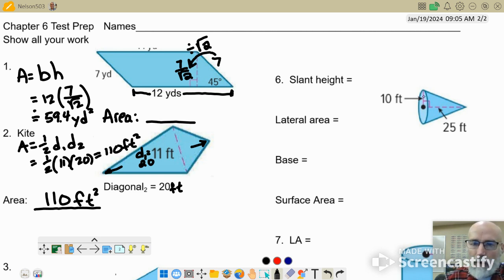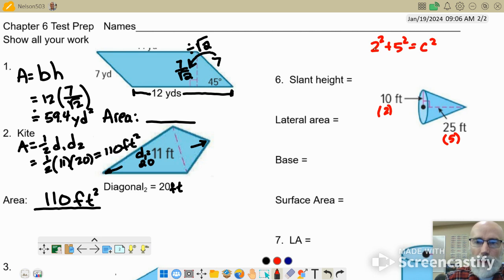Slant height. Okay, if that's 10 and that's 25, I'm going to divide both of them by 5. 5 goes into there 2 times, and 5 goes into here 5 times, right? Now I'm going to use the Pythagorean theorem with 2 squared and 5 squared to get my hypotenuse squared.